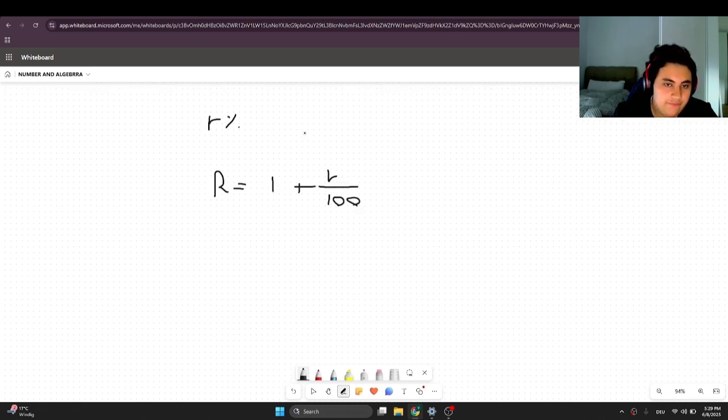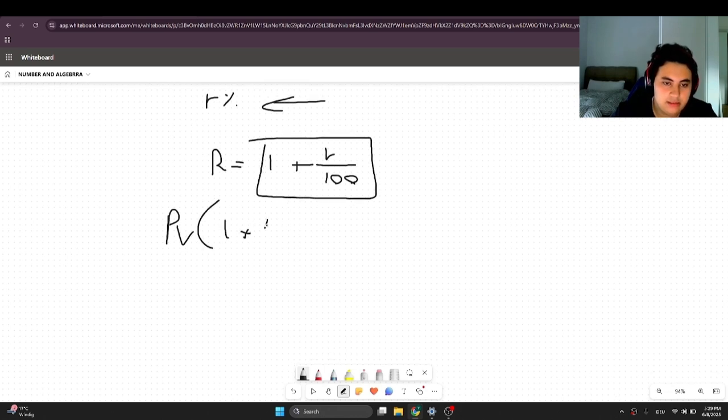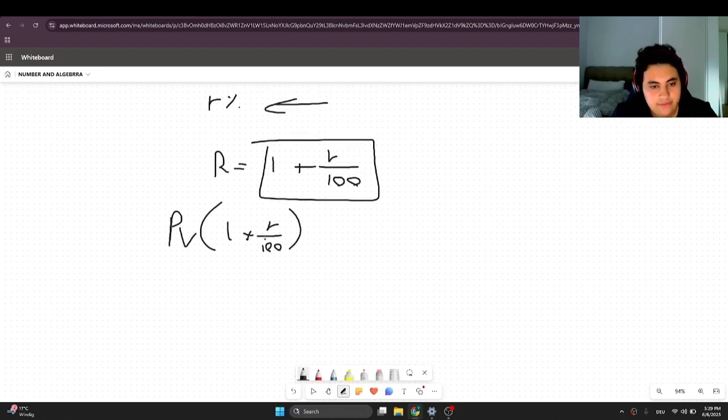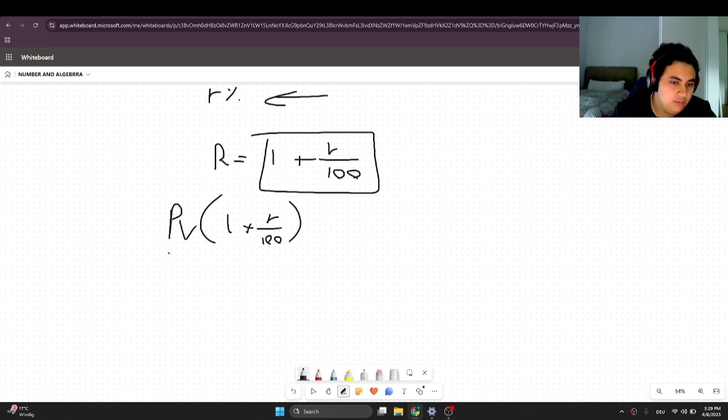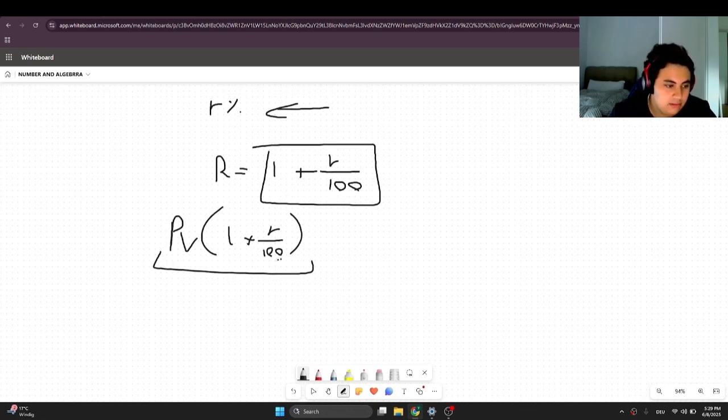So if a certain amount, like the present value, is changing by interest R, we multiply it by this, which is why we have 1 plus R over 100. Let's say you put this for 1 year. Then it's just going to be this one. This calculates it for you for 1 year.